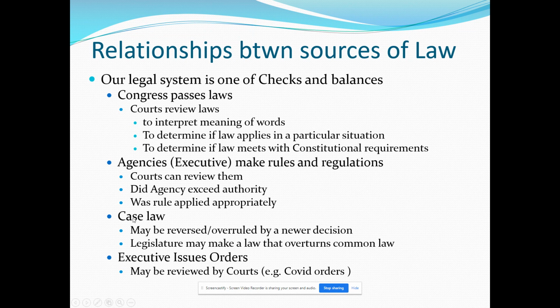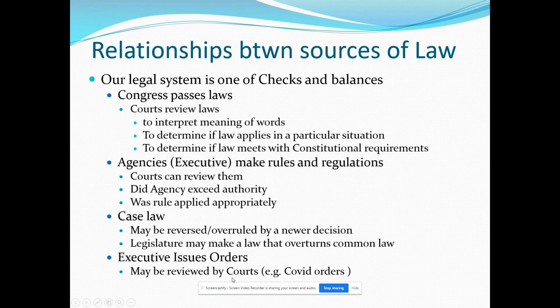Case law can be checked by a court system. It may be reversed or overruled by a newer decision. And then lawmakers can make laws that overturn common law or change it. Okay, and then executive orders can be reviewed by courts.